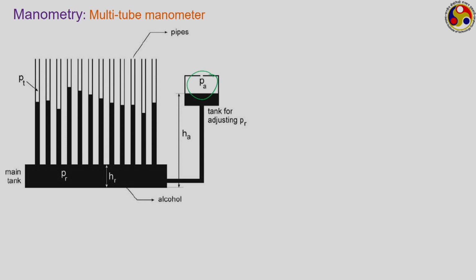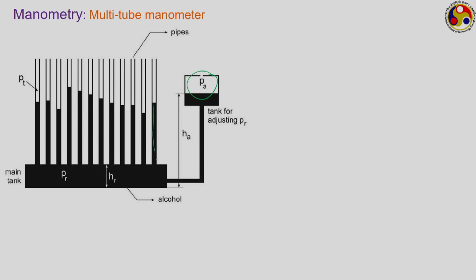As you can see, each of them gives a different reading of the corresponding manometric fluid elevation, thereby allowing us to know the variation in pressure in different parts of this tank. But we have to understand that each of these manometers is coupled with the same reference side.